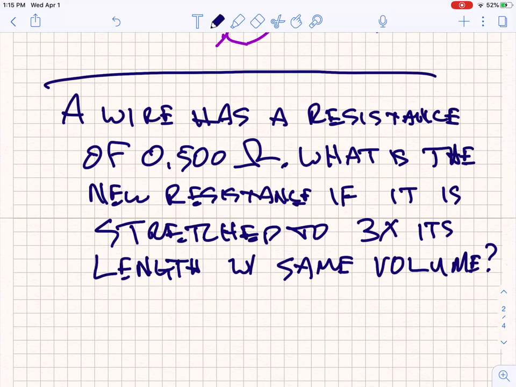Okay? So in other words, we're going to take this piece of wire, it has a certain length, right?